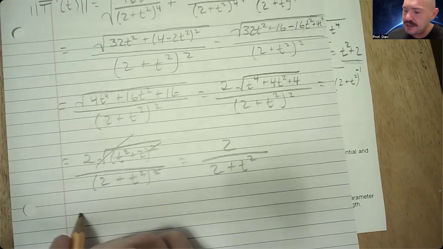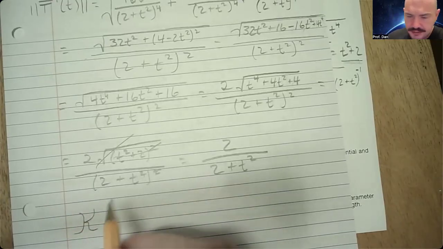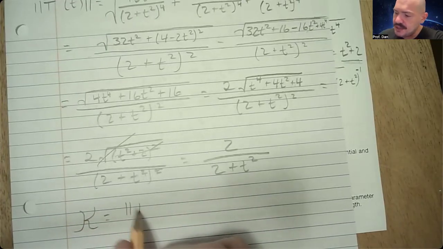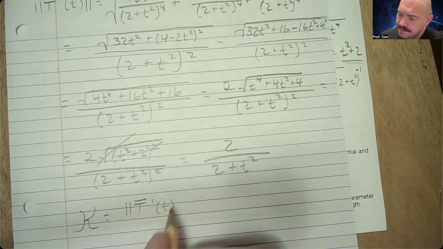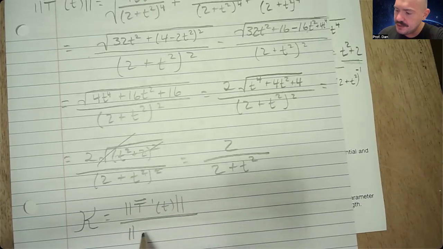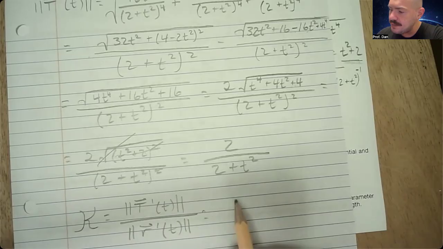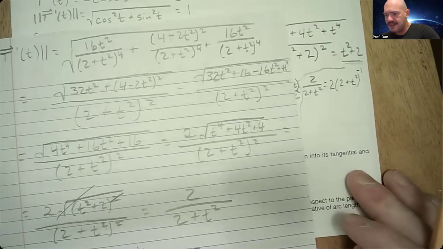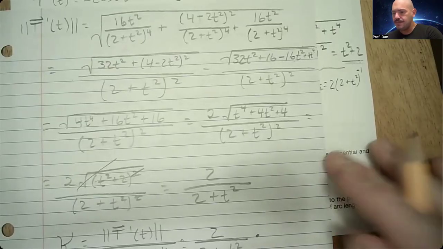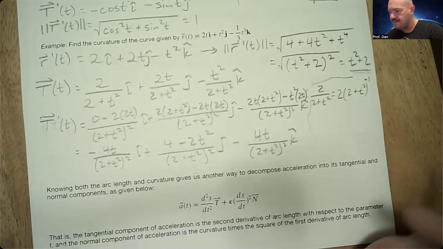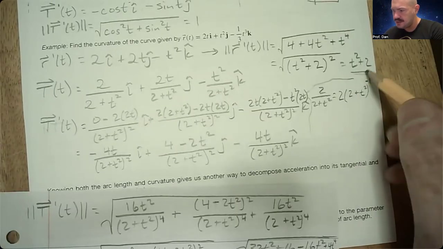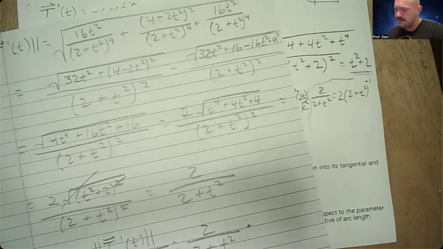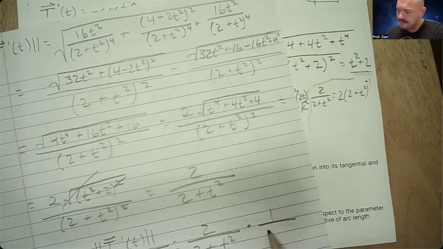So my curvature kappa, make it nice and fancy, is going to be the magnitude of T prime divided by the magnitude of r prime. The magnitude of T prime we got was 2 over 2 plus t squared. Since I'm dividing by a fraction, I'm going to multiply by the reciprocal of the magnitude of r prime, which we got to be just t squared plus 2, or 2 plus t squared.